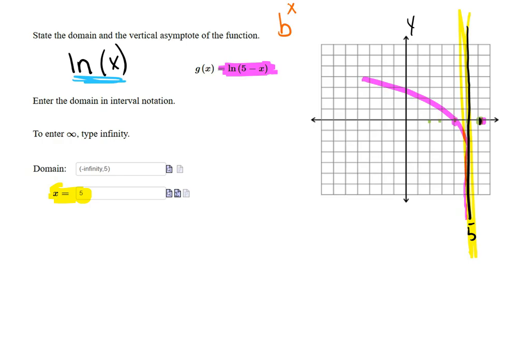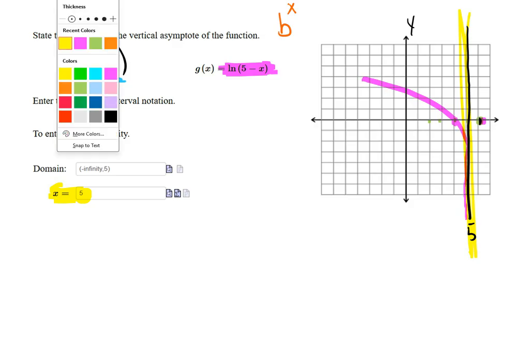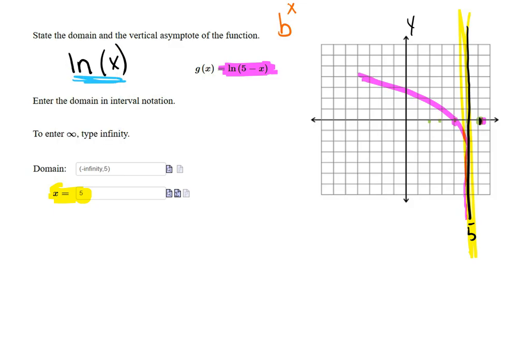Now, they want to know what the domain is. The domain is all of your x's. Remember every one of this graph is made up of an infinite number of points.